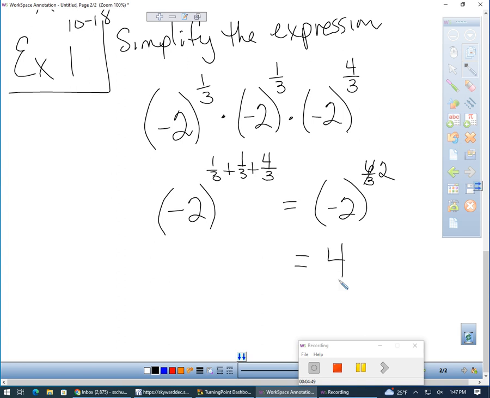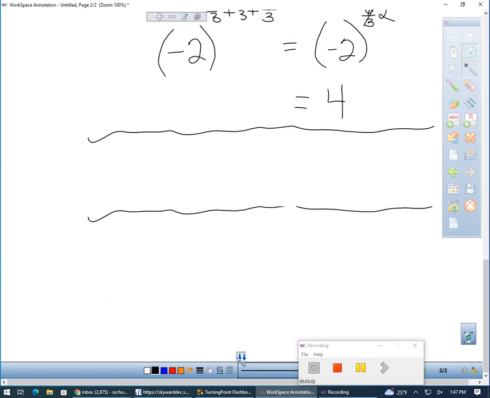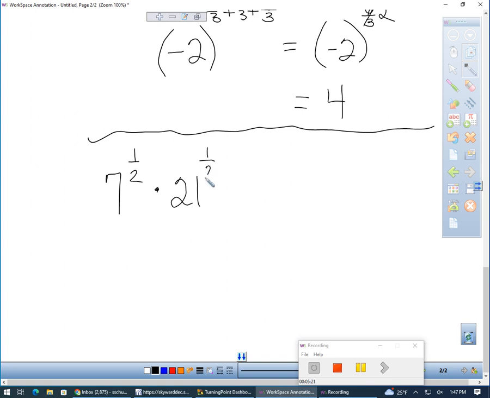Try another one from this section real quick. This is just simplifying, following some of your rules. What if I had 7 to the 1/2 power times 21 to the 1/2 power?